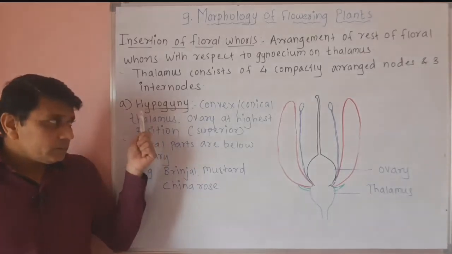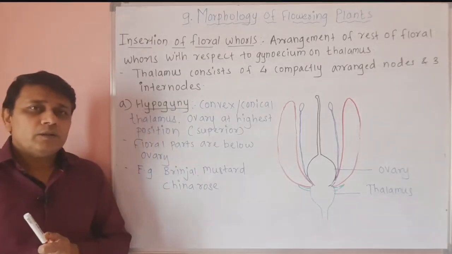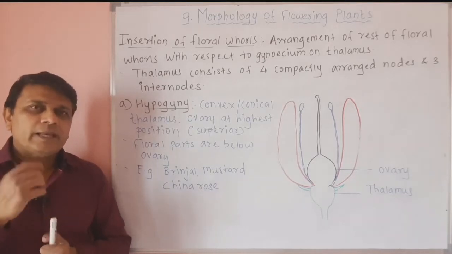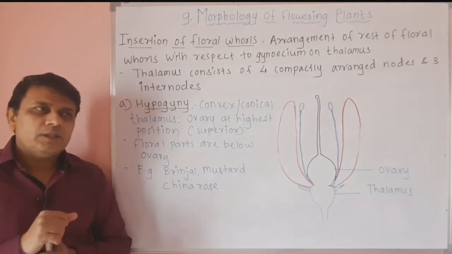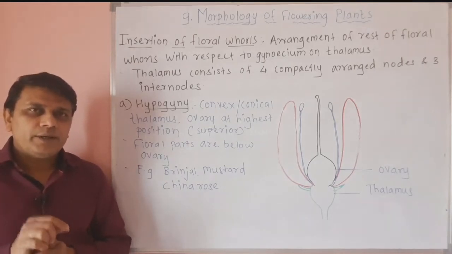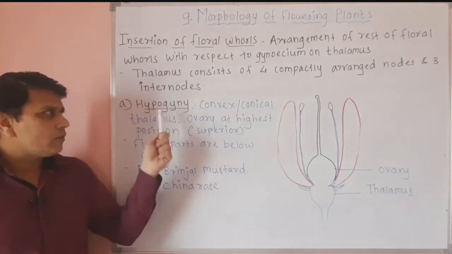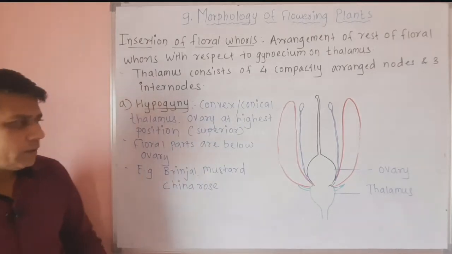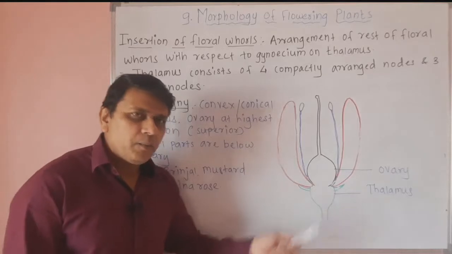Now, depending upon the position of gynoecium on the thalamus, there are different conditions found in the flower. Now, the first one is called as hypogyny. Now, in this diagram we can see hypogyny.